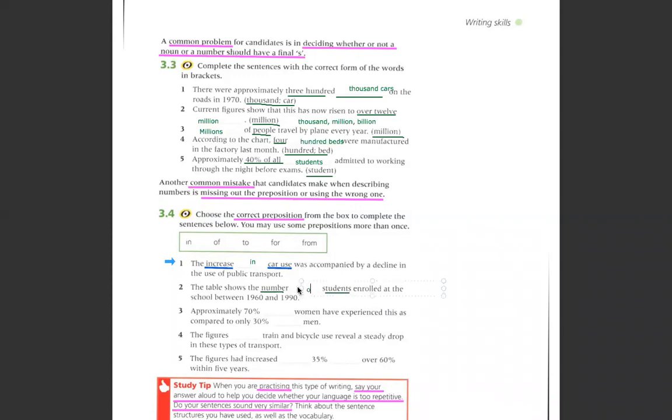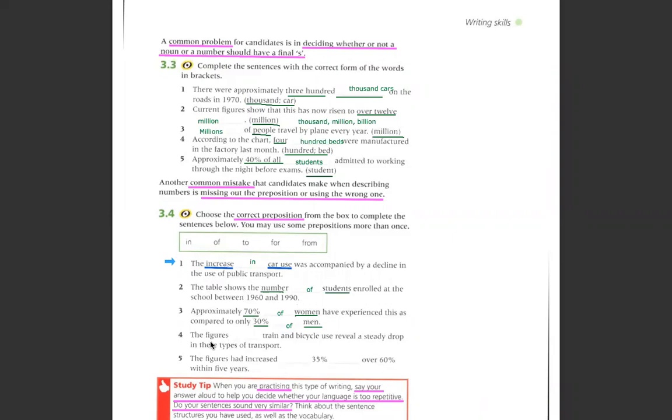Okay, of is correct. What about number 3? Now we're looking at percentage. Okay, of women and the percentage of men, correct.